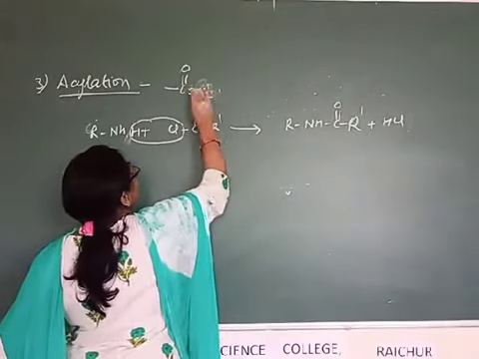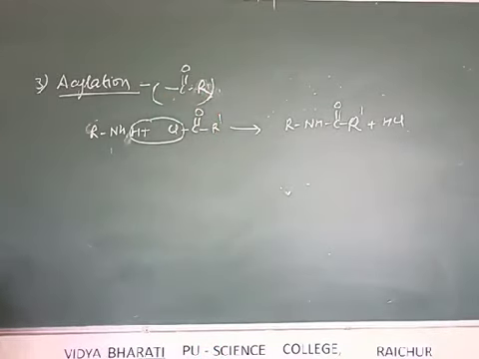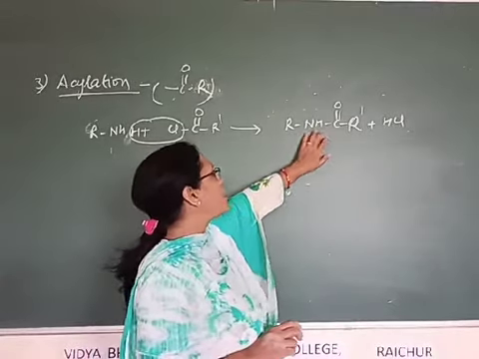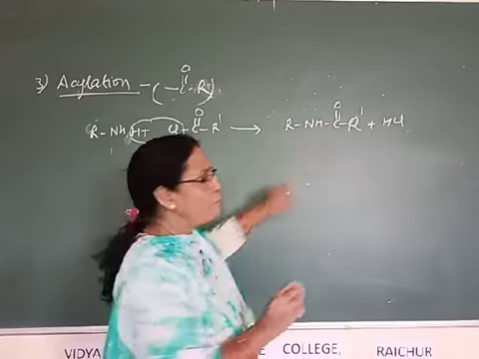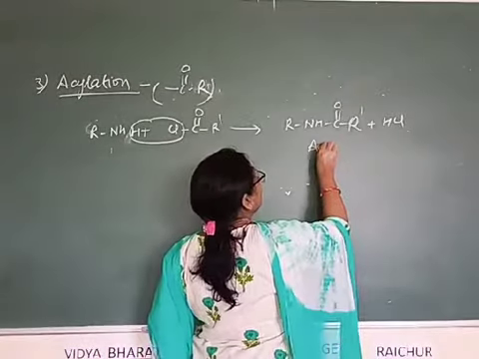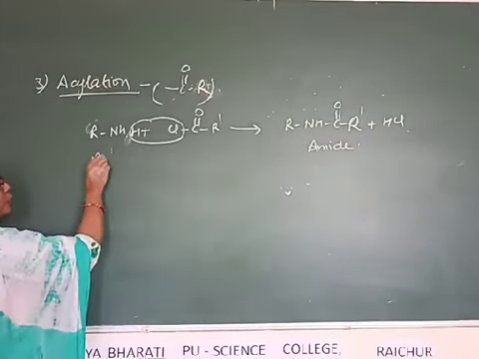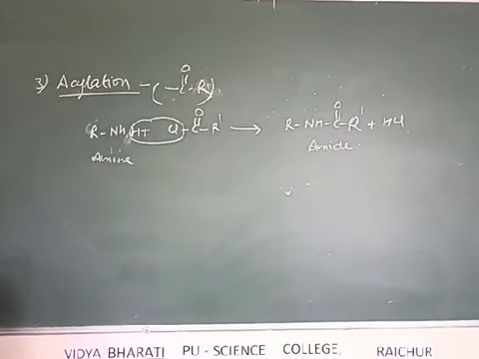COCH3 is not compulsory, it can be COR. This is the acyl group. So COR is introduced. Therefore it is known as acylation. And this group RCONH is known as amide. So amides are formed here. Amine is converted to amide. The process is known as acylation.